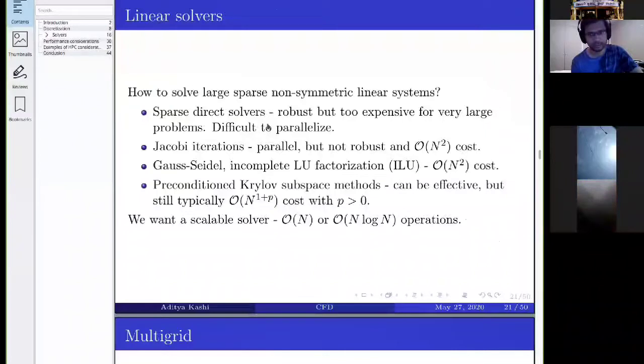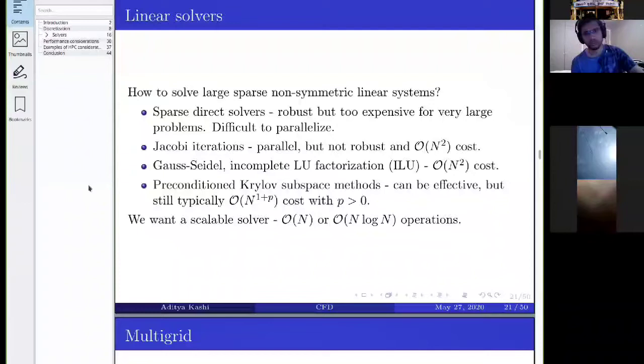They are robust. You will always get a solution if there exists one, but they are too expensive for us.